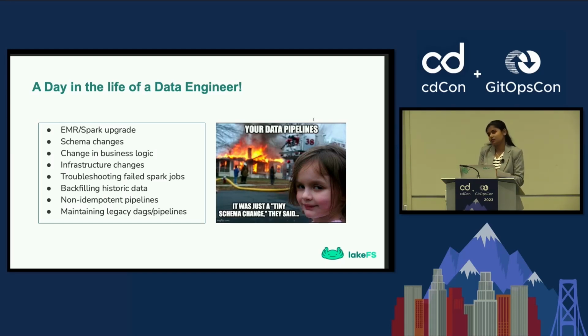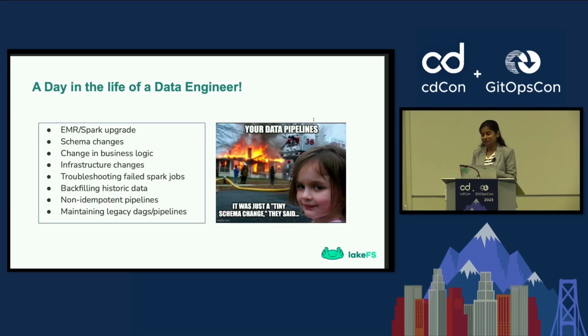And again, troubleshooting failed Spark jobs, none of our favorite, but we still have to do it because that's part of the responsibilities of a data engineering team. And non-idempotent pipelines, of course. Most of the time when we deal with job runs that have failed, we want to write idempotent pipelines, so you just click rerun and it reruns end to end, but it does not happen very often.